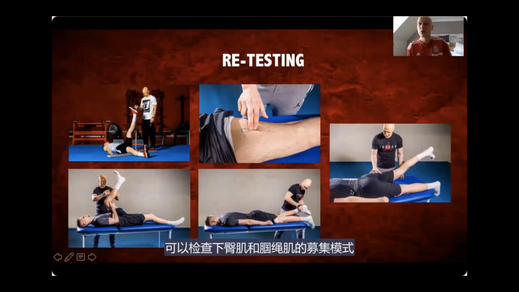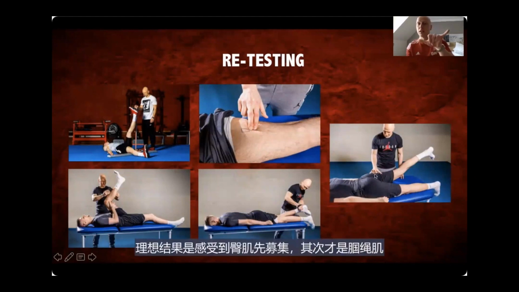And we can also check a firing pattern of glutes and hamstrings when the leg is being elevated off of the stretch table. Definitely here, we want to see on our outside finger that the player is activating glutes first and then hamstrings follow.